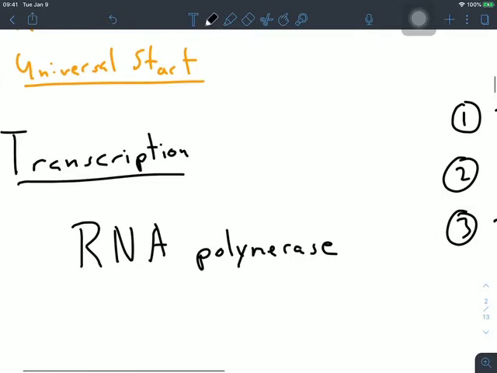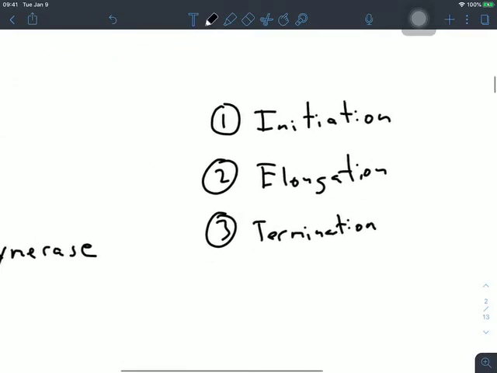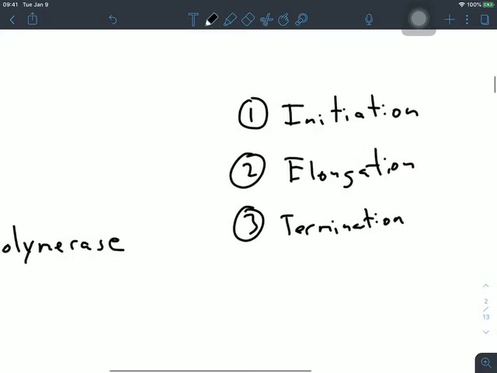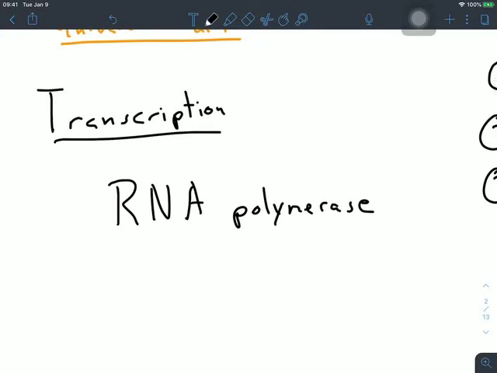Now, RNA polymerase is going to be doing all of the initiating, elongating, and then waiting for some sort of termination signal. So there are ways to communicate with it. Generally speaking, initiation will begin when RNA polymerase binds at the promoter sequence.